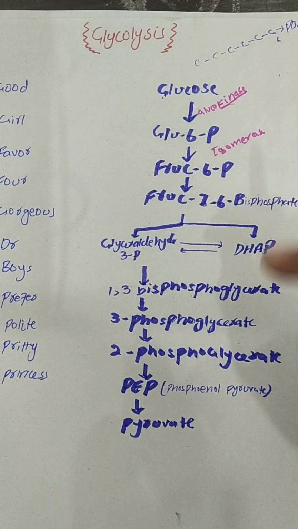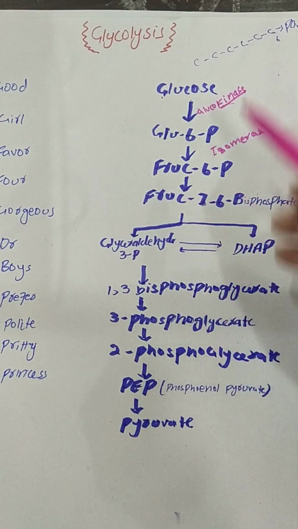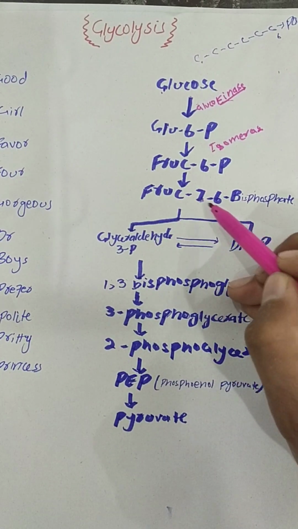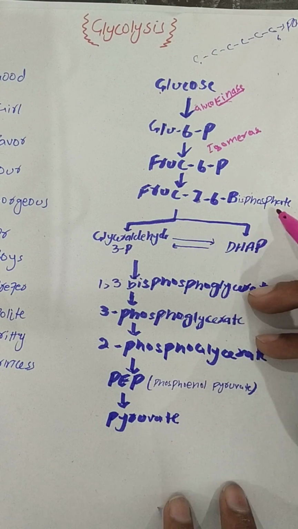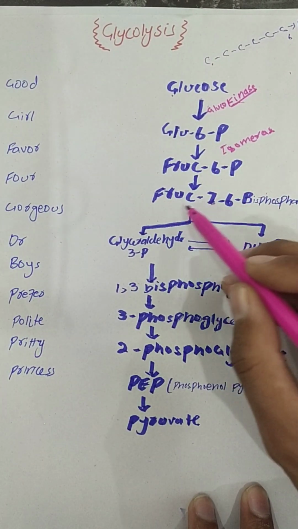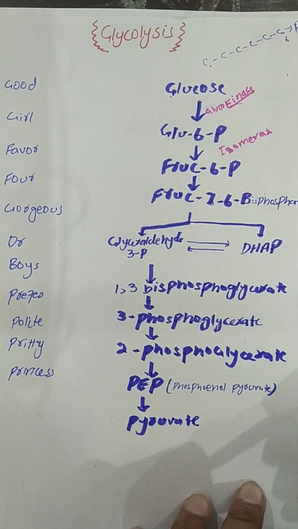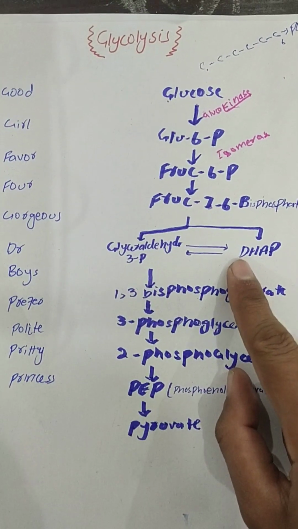In the next step we just add one more phosphate at position number 1, so it becomes fructose 1,6. Now there are two phosphates, so we say 1,6 bisphosphate. This 1,6 bisphosphate is a 6 carbon compound, and it yields two compounds which are called glyceraldehyde 3 phosphate and dihydroxyacetone phosphate.